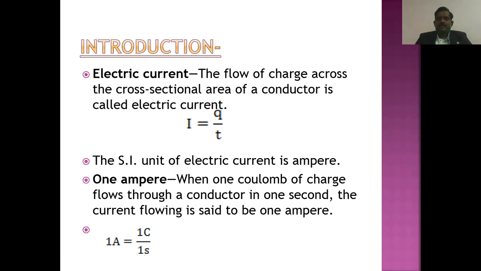This question carries 1 mark. When 1 coulomb charge flows through the conductor in 1 second, then that current is said to be 1 ampere. So 1 coulomb charge is flowing in 1 second in the wire or in the conductor. So this is called as the 1 ampere current.